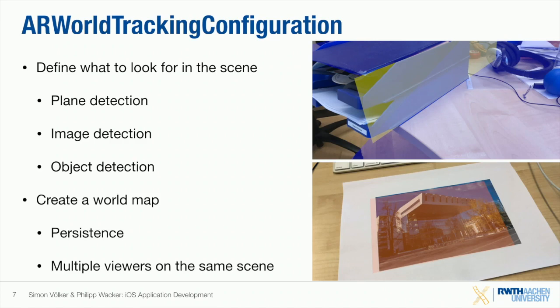Because if it just tracks the scene, it doesn't know where that is now. If I track these tables and the floor here, it could be anywhere. But now if I come back and it detects, okay, I have a couple of the tables here, I know that I've tracked that before, it can place the objects onto that again. And you can also use the world map to share the scene between different devices, so that if more people are looking at the same scene, they see the same digital information on there.